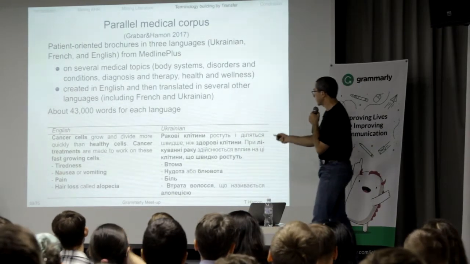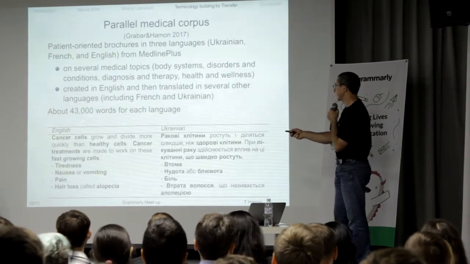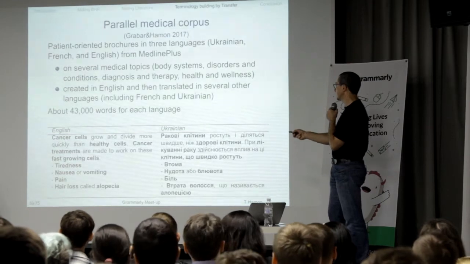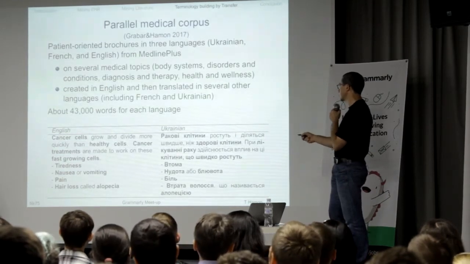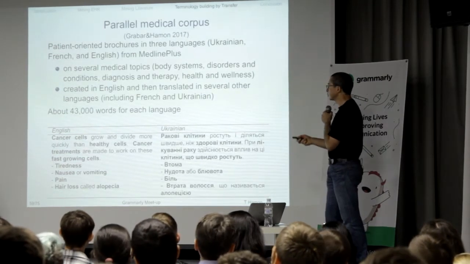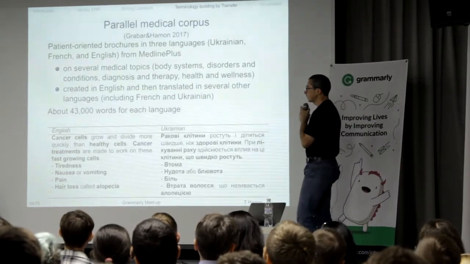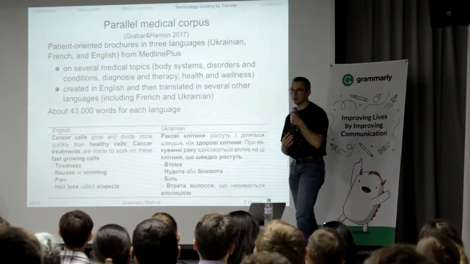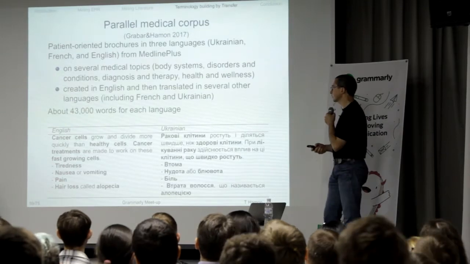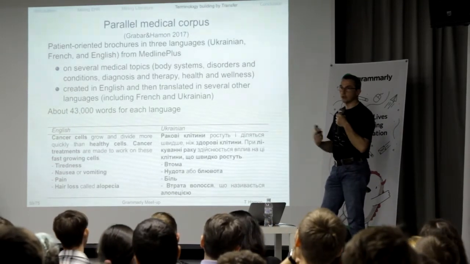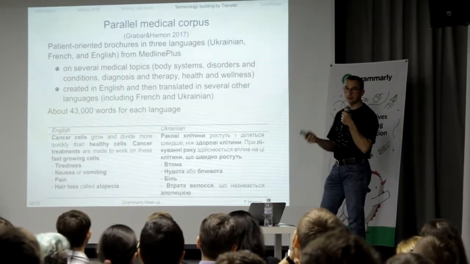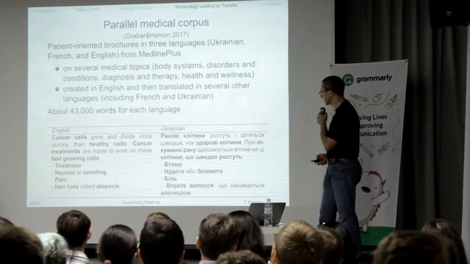You have an example here of text in English and the alignment or translation in Ukrainian. So finally, we have almost 43,000 words for each language, which is quite enough to start work on terminology building.